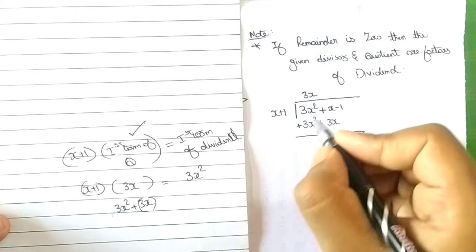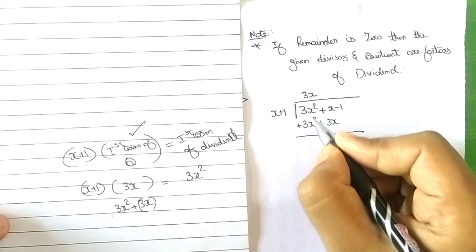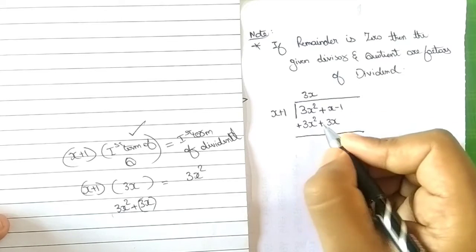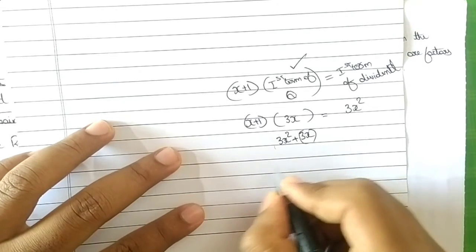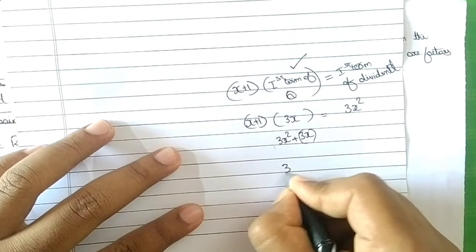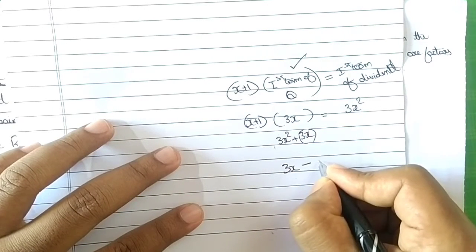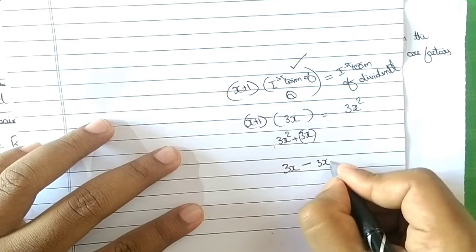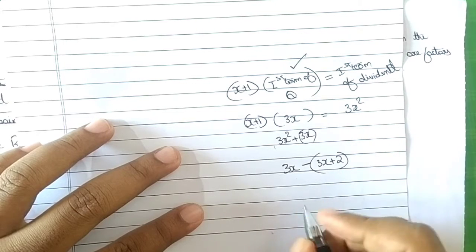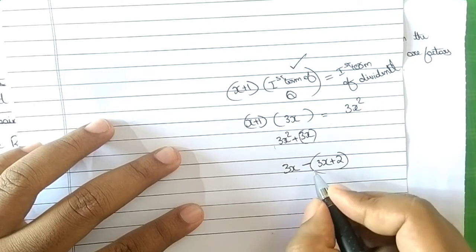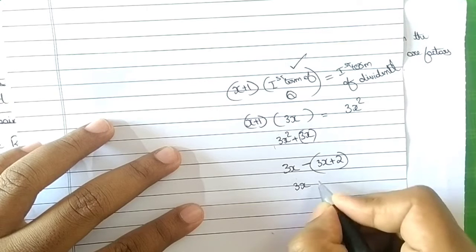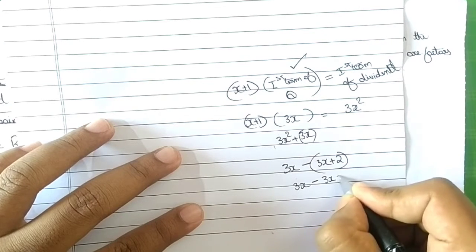So you need to subtract this from this. On subtracting, let me show here. If 3x is subtracted with 3x plus 2, something like this, what happens? This is like 3x minus 2.